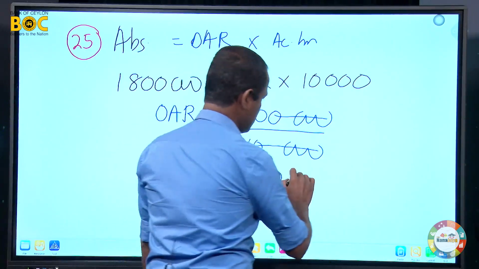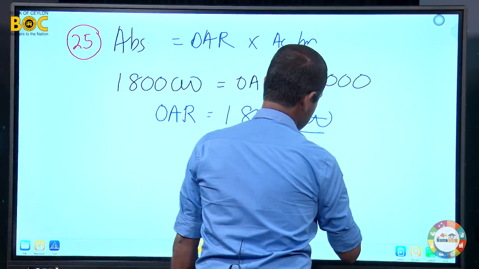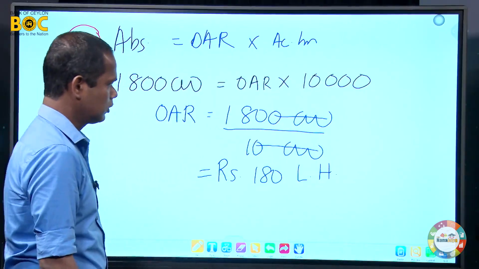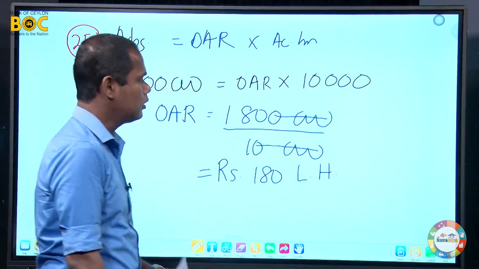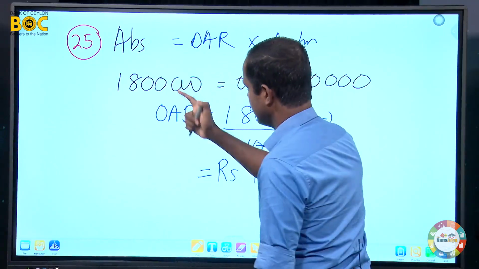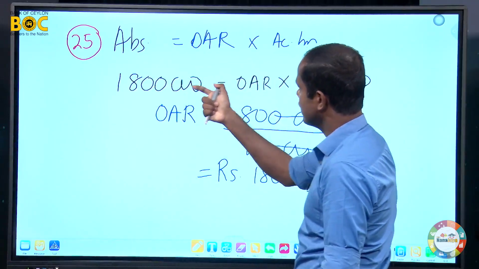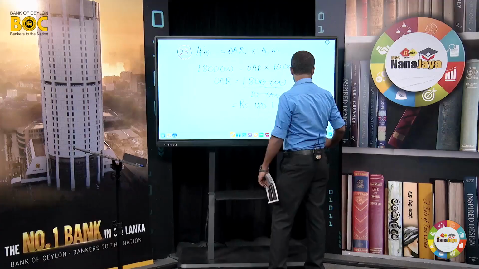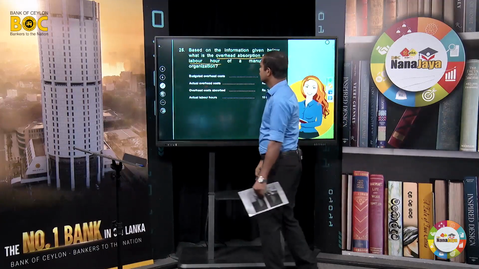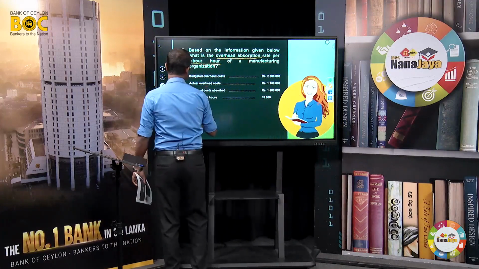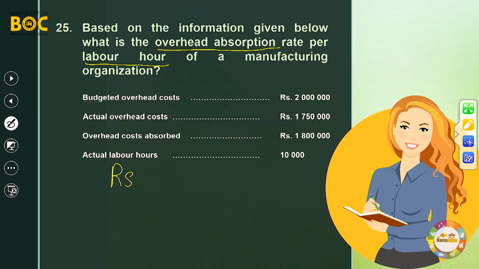Labor hour. 180 rupees per labor hour. How did you calculate it? Absorbed overhead equals absorption rate into actual hours. The answer is 180 rupees per labor hour.